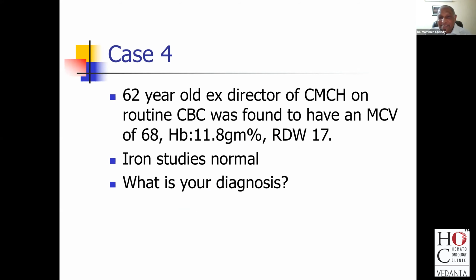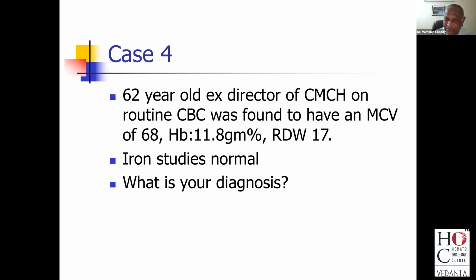A 62-year-old ex-director of CMC, right? And this individual was a heavy smoker. At the age of 61 or 62, he came to me with a hemoglobin of 11.8 and an MCV of 68. His iron studies were normal. My first diagnosis was a malignancy of the GI tract, right?